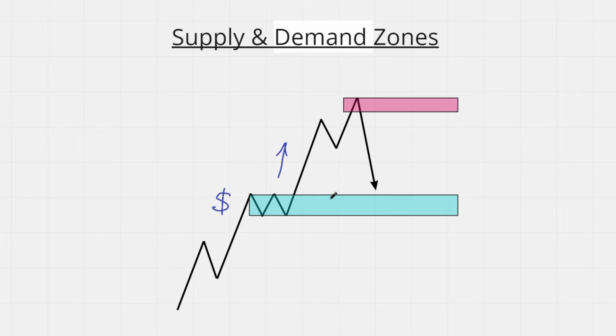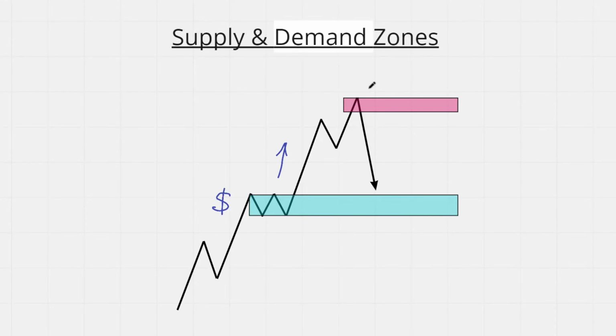And so these price regions where there was either a lot of supply or a lot of demand are regions where if they get potentially retested again in the future, based on the law of probability, there's a greater likelihood that there could be another strong reaction to one of these price regions.